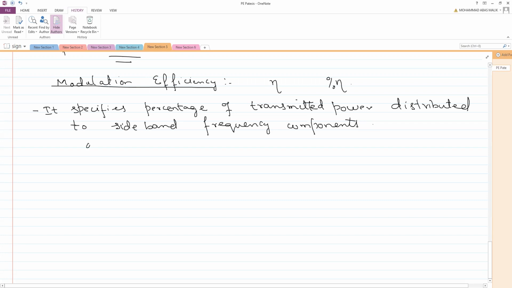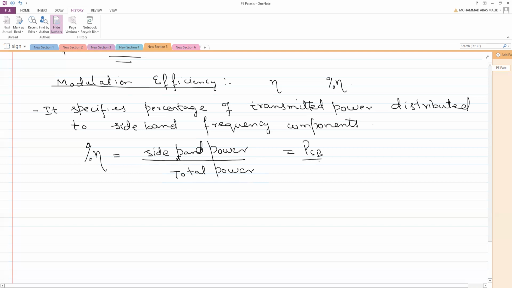So percentage efficiency will always be equal to sideband power divided by total power, into 100. This will give you the percentage modulation. Sideband power is equal to what?